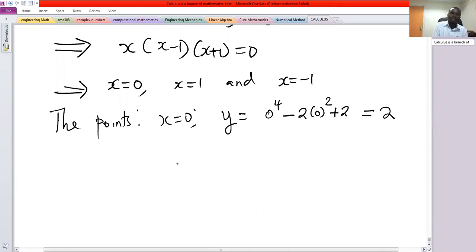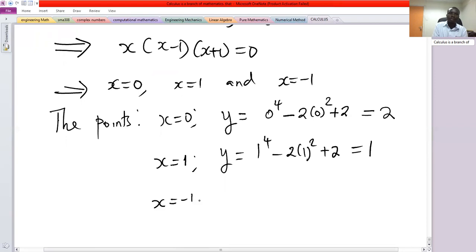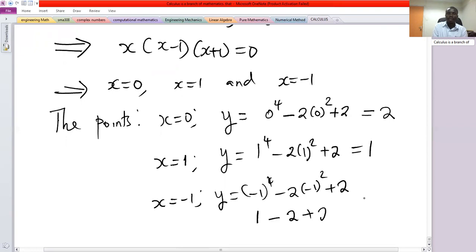When x equals 1, y will be 1 to the power 4 minus 2 times 1 squared plus 2, so 1 minus 2 plus 2, which will be 1. And when x equals -1, y will be -1 to the power 4 minus 2 times -1 squared plus 2, which is 1 minus 2 plus 2, giving us 1.